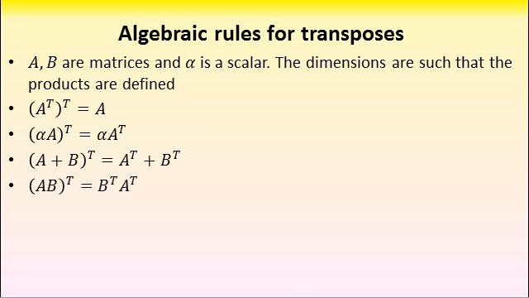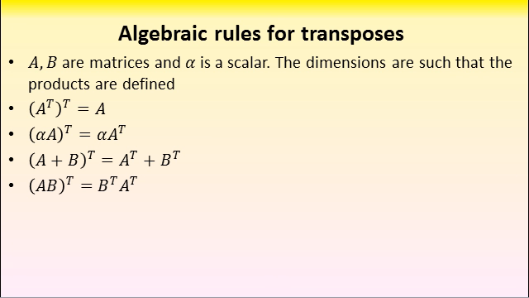It's not an uncommon mistake to think that (AB) transpose is A transpose times B transpose. It's not. You have to reverse them. Remember, in matrix multiplication, the order that you do multiplication makes a difference.